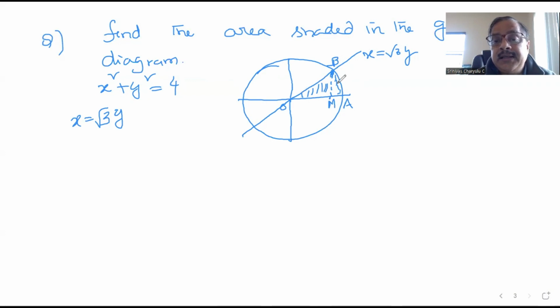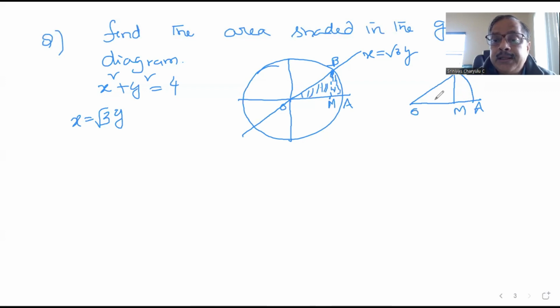So now the shaded region includes two pictures, OBM and BMA. Now you are seeing this. So we have to integrate this line equation from 0 to M, and the curved part. If I draw this for you, like this, O, M, A, B. So now the curved part is a sector.